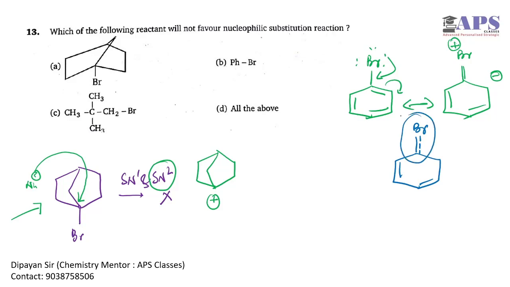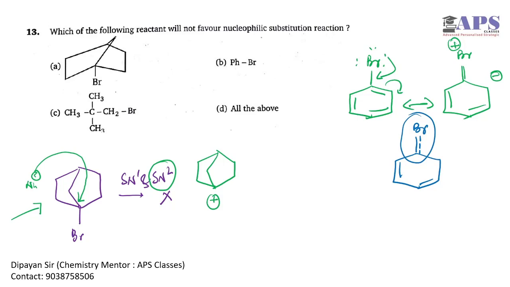So due to the resonance, this C-Br bond will become more and more stable. If the leaving group is very tightly attached to the carbon, then it is very difficult to remove that leaving group from the system, and hence the substitution reaction rate will decrease, and in this case substitution is not possible at all.